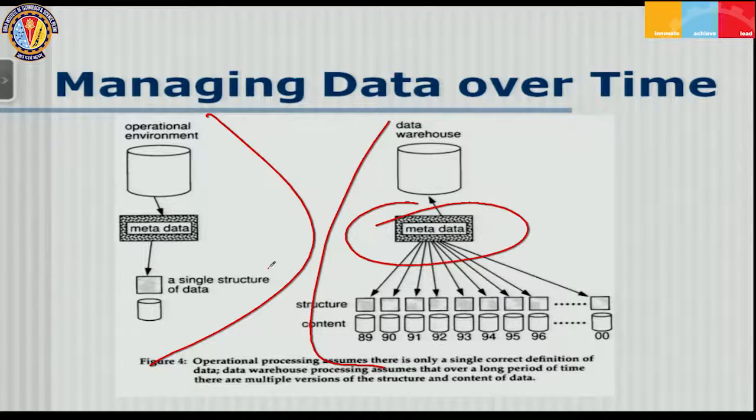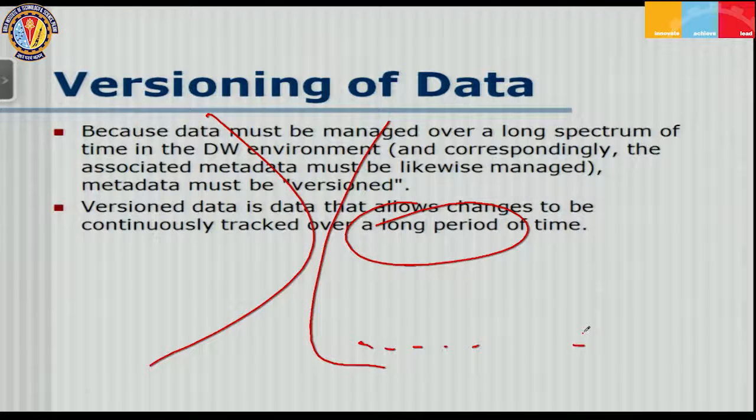Operational processing assumes that there is only a single correct definition of data, whereas data warehouse processing assumes that over a long period of time there are multiple versions of the structure and content of the data, right? The numbers here indicate the year numbers. So multiple versions of the structure and content of data are there. Then we have the versioning of data.